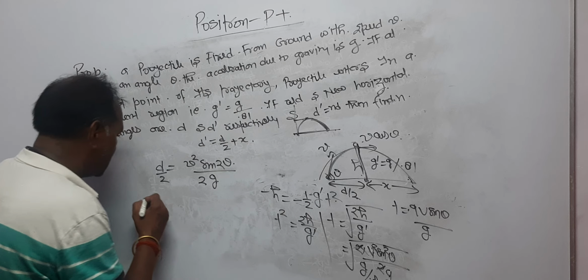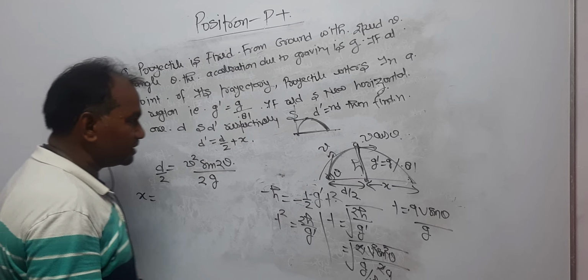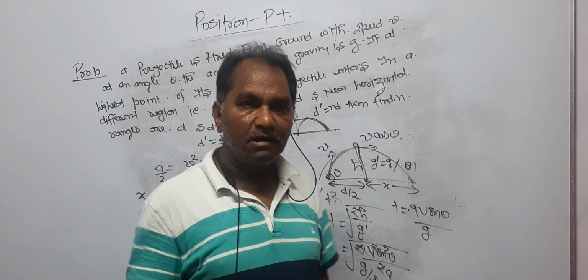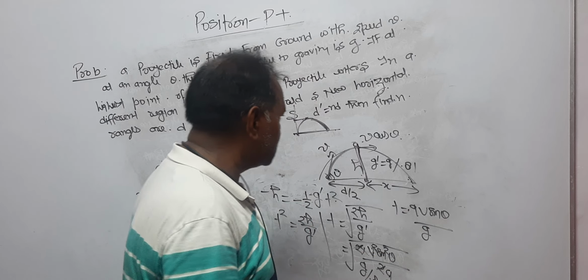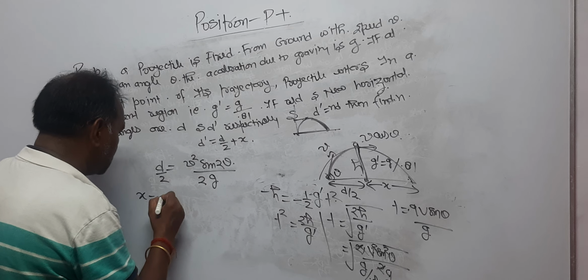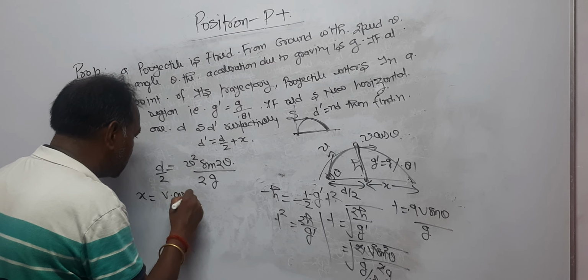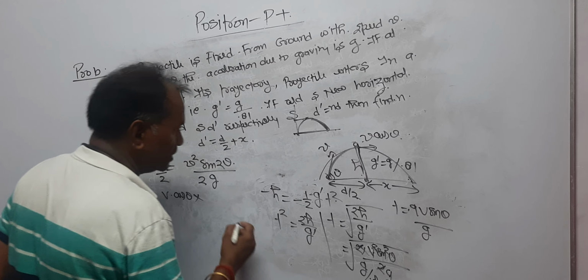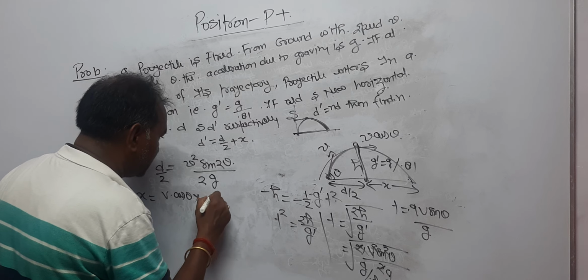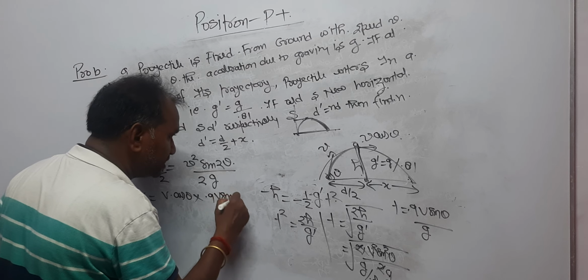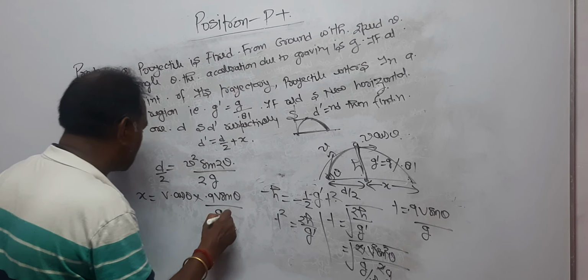The horizontal distance covered in this time duration, x, is equal to v cos theta, the horizontal velocity, into the time of flight, that is 0.9 v sine theta upon g.